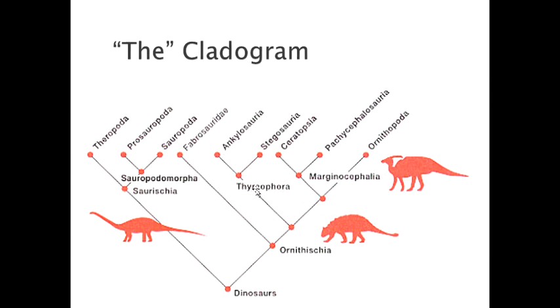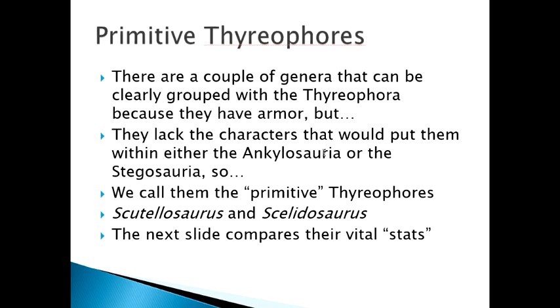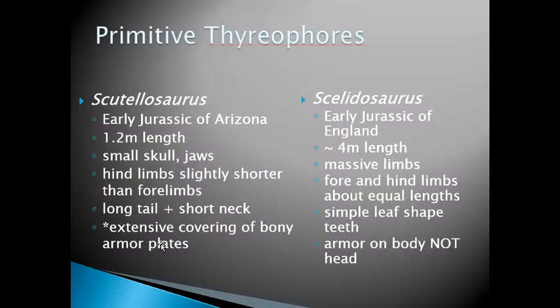If they were to be on this cladogram, they would branch off earlier here and not be part of these two branches. And so we call these the primitive Thyreophores. There are a couple of them, and we've lowered them down to the genus level in taxonomy. They are the Scutellosaurus and the Scelidosaurus.